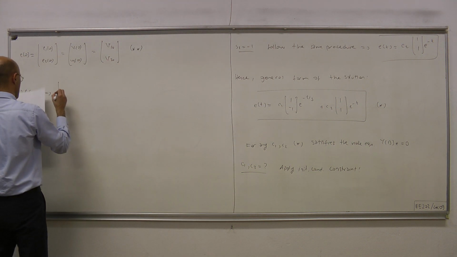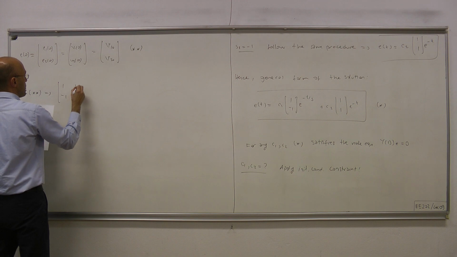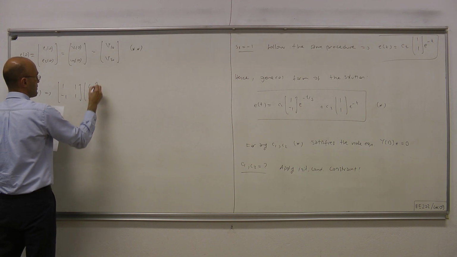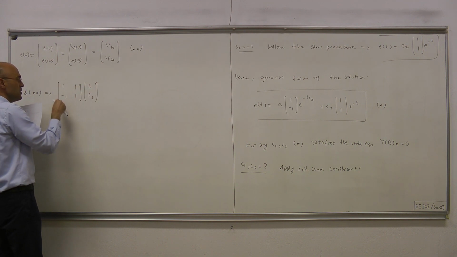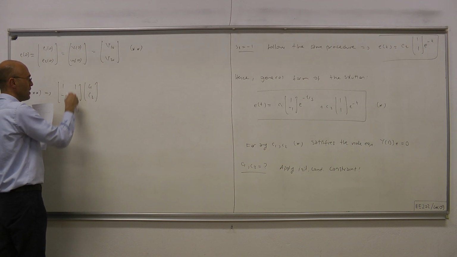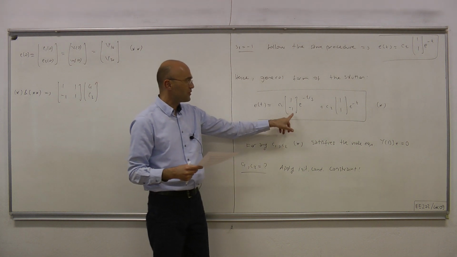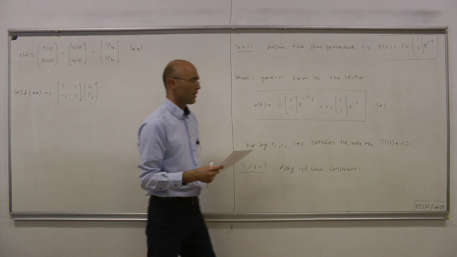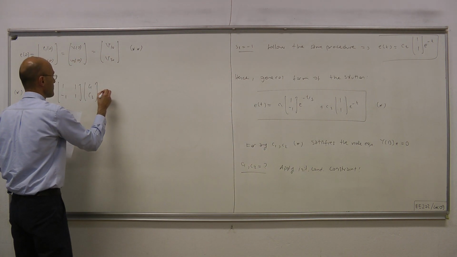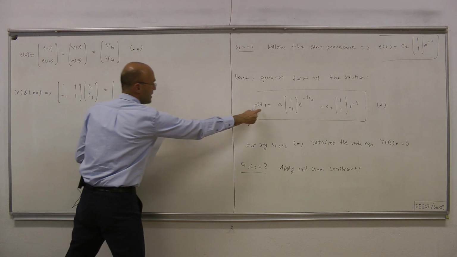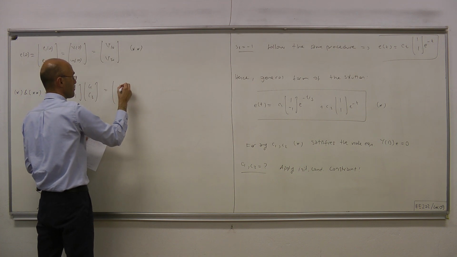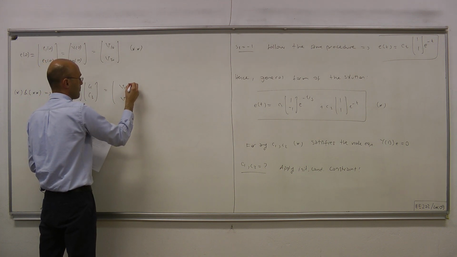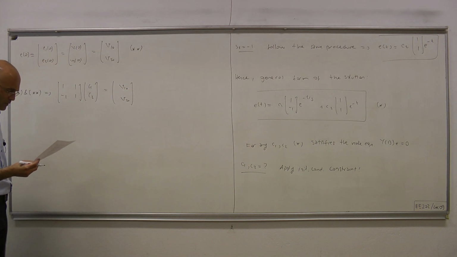So, the matrix 1 minus 1, 1 1, times C1, C2. Note that this is C1 times the first column plus C2 times the second column. And this equals E0, and E0 equals V1(0), V2(0).